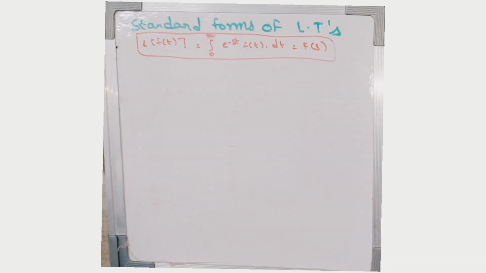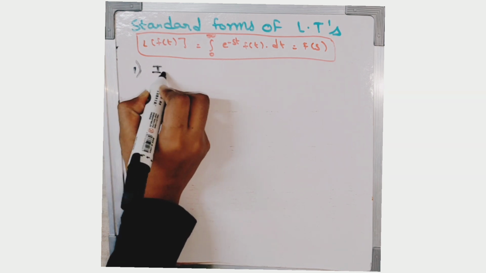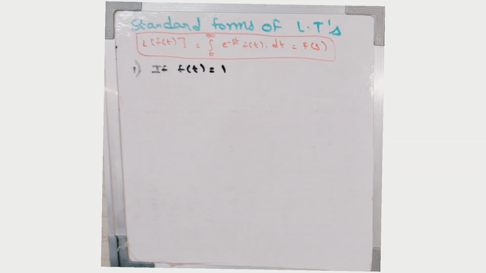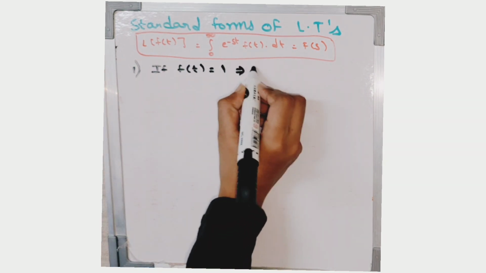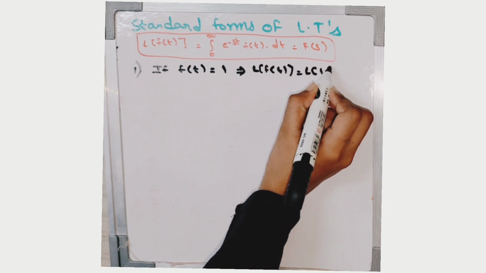Okay, what is the first standard form? If f of t equals 1, what will be the Laplace transform of f of t, that is, the Laplace transform of 1?